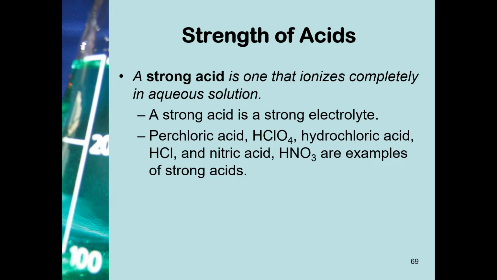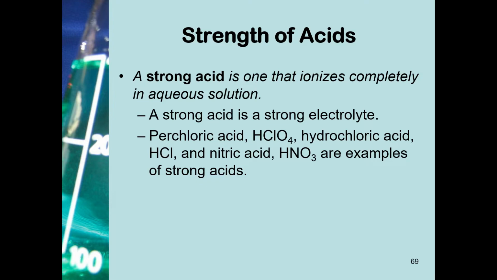Here are some examples of strong acids. The first one is perchloric acid. Notice it has the ClO4 because chlorate is ClO3, and that would be chloric. And this has one more oxygen than that, and so that's why it's called perchloric acid. And then there's hydrochloric acid and then nitric acid. Those are our examples.